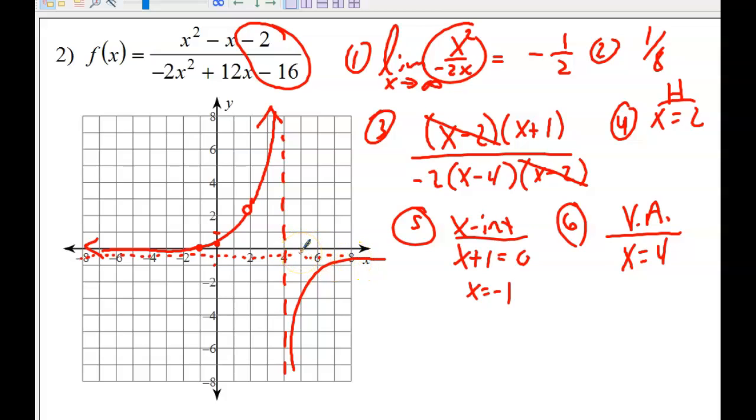If you plug in 5 up here, work it out, see what you get. If you end up with a negative number, that means you're down here. The y values are negative. If you end up with a positive, it's up here. So that's what I mean on step 7 by, if you're not sure where the curve goes, do a test point. Just pick something over here, plug it in, and see what you get. But here, I'm not going to do a test point because I know that if I did the curve on the top, that would give me another root, which I know I shouldn't have. So I know it has to be on the bottom. Okay?